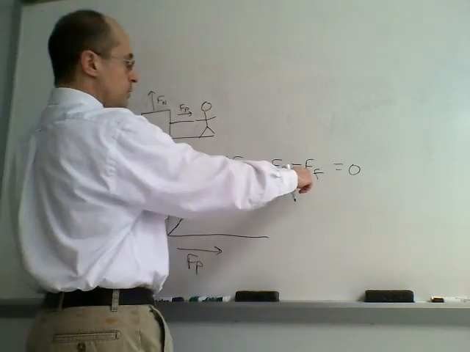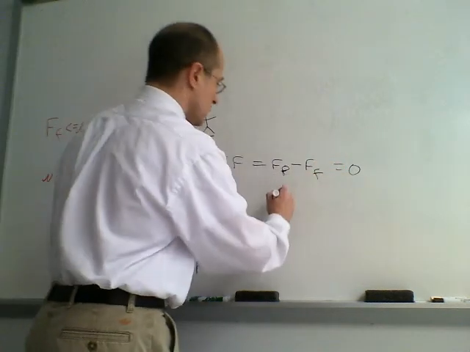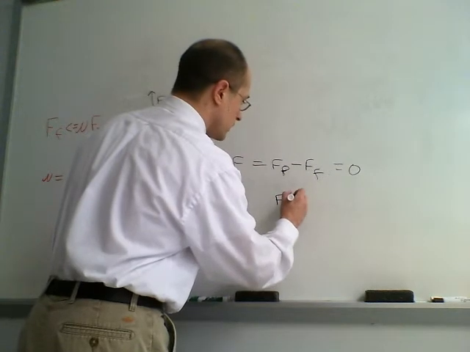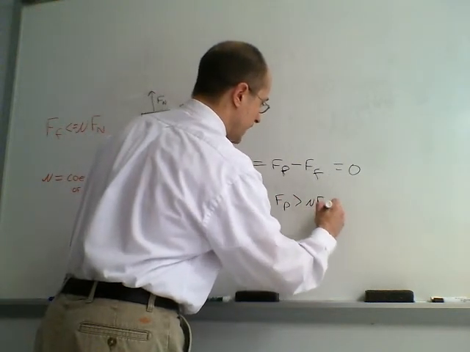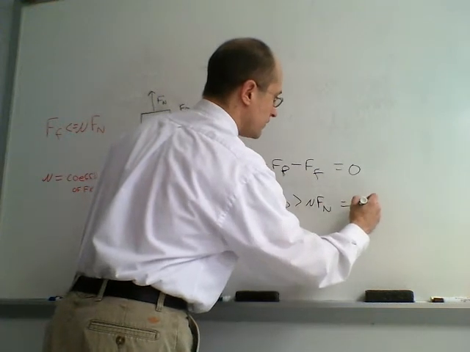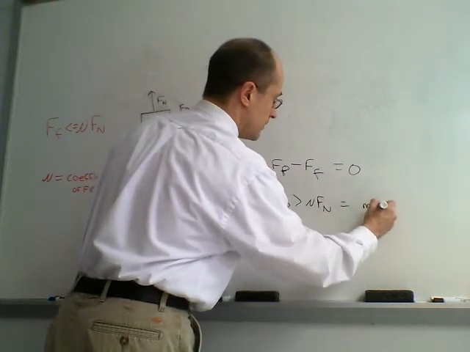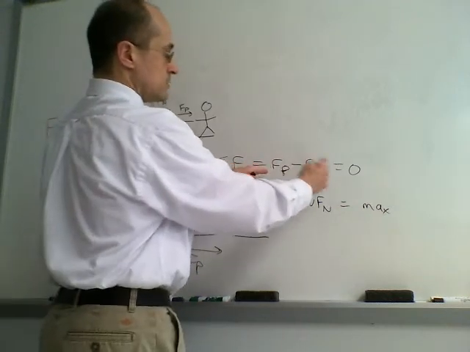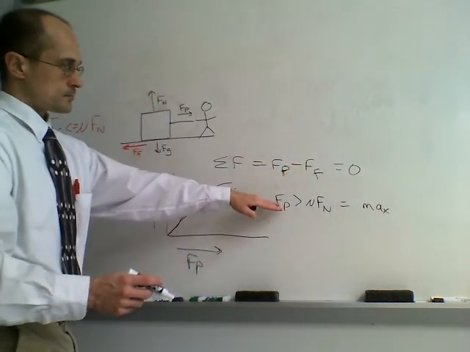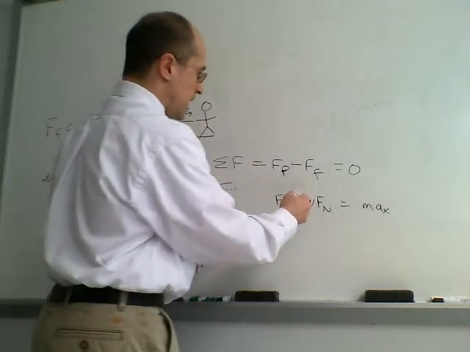Once the force of your pull is larger than mu Fn, then you have some ma, because this number is no longer zero, it will be some positive number.